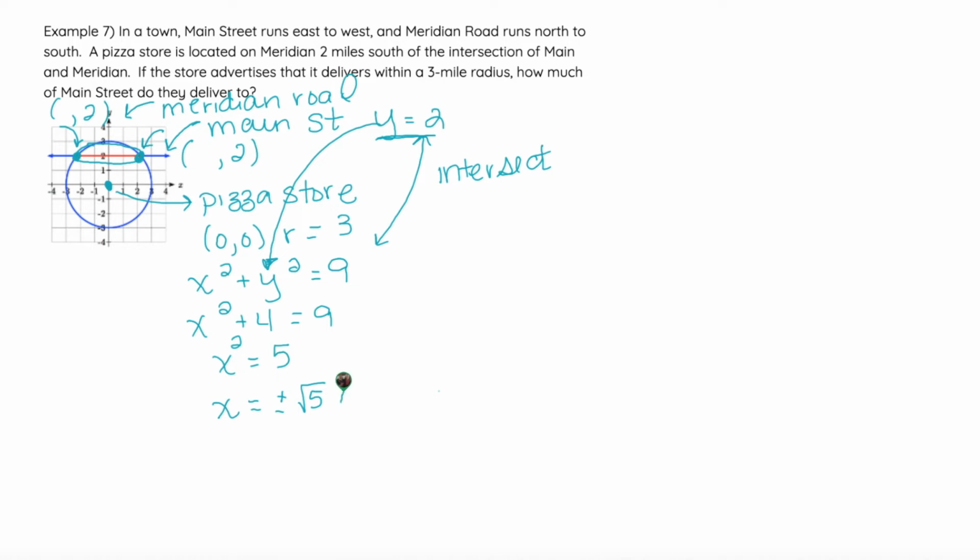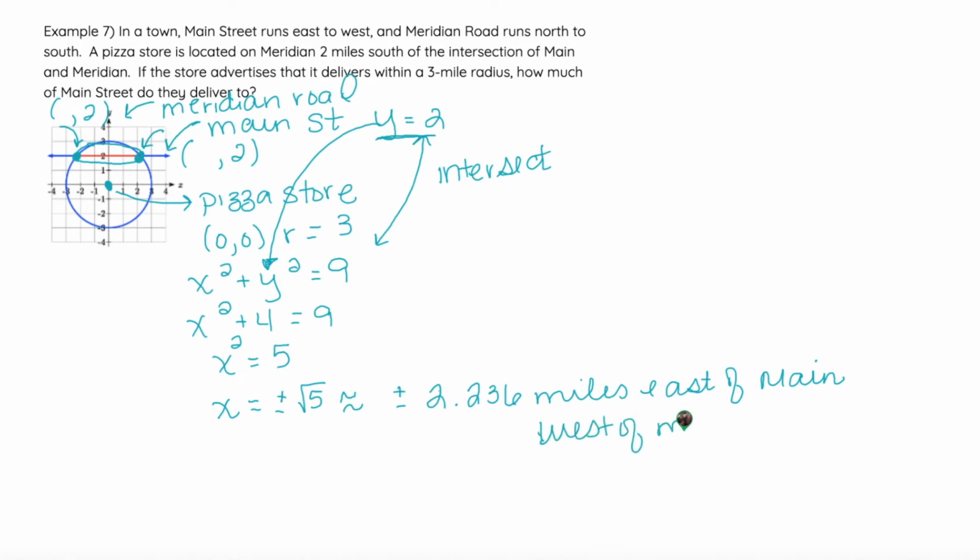So we do have to realistically say that this is plus or minus about 2.236 miles east of Main, and it's also 2.236 miles west of Main.